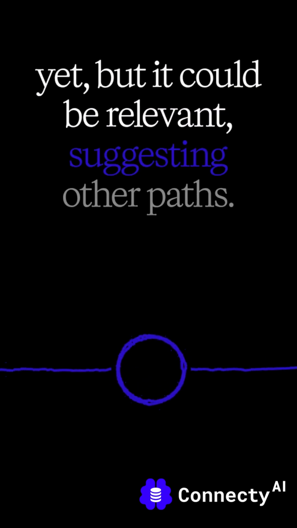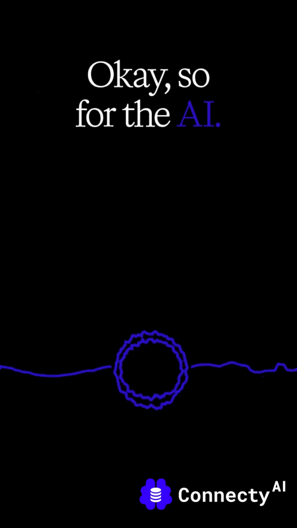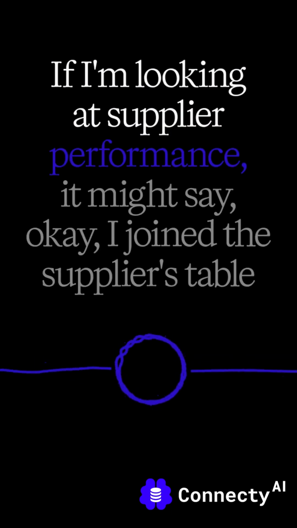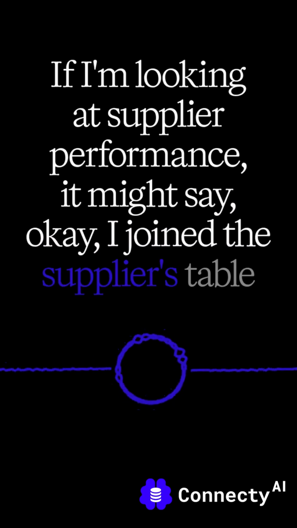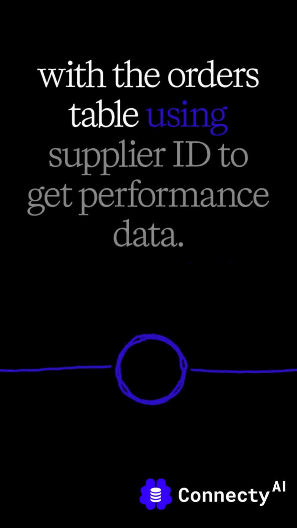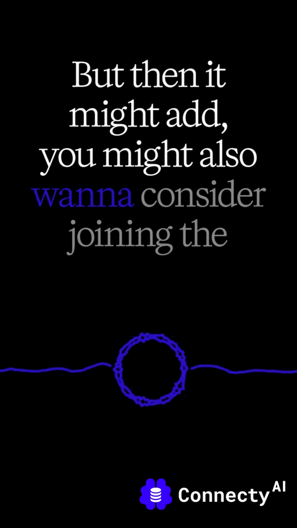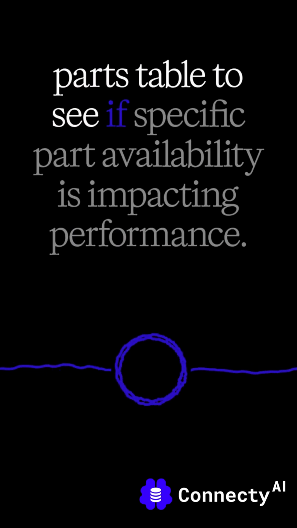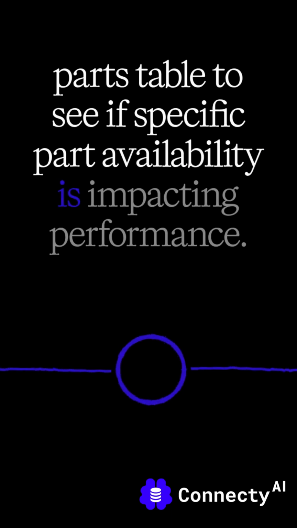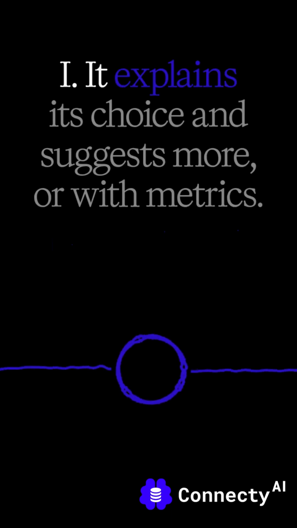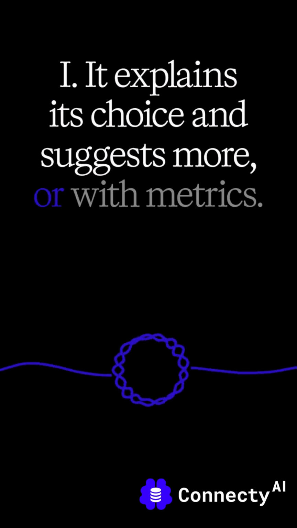Okay, so for the AI, if I'm looking at supplier performance, it might say, I joined the suppliers table with the orders table using supplier ID to get performance data. But then it might add, you might also want to consider joining the parts table to see if specific part availability is impacting performance. It explains its choice and suggests more. Or with metrics.